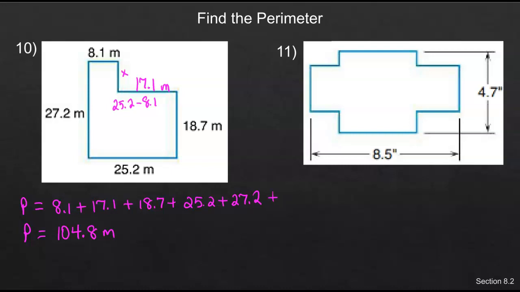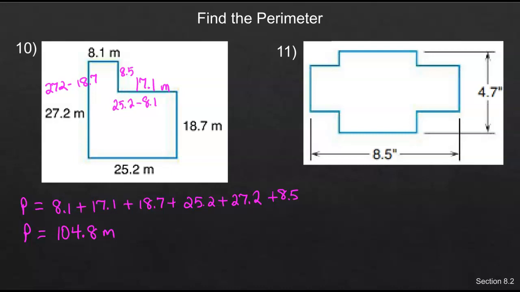And that side would be the 27.2 minus 18.7. So 27.2 minus, sorry that I was about to leave something out, 18.7. And so this side is 8.5. So we need to add that 8.5 on there also, or we're going to be in a mess. All right, so 104.8 is my total. I've got 1, 2, 3, 4, 5, 6 different sides that I had to add in here.